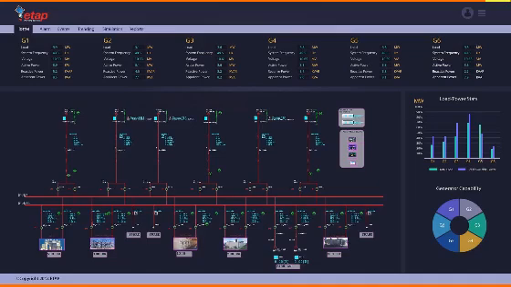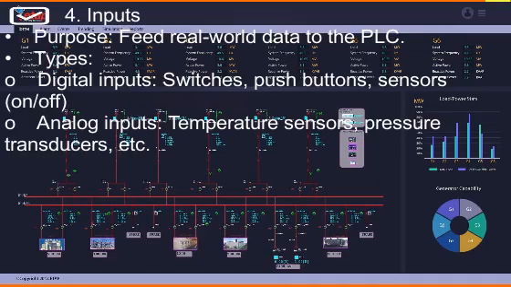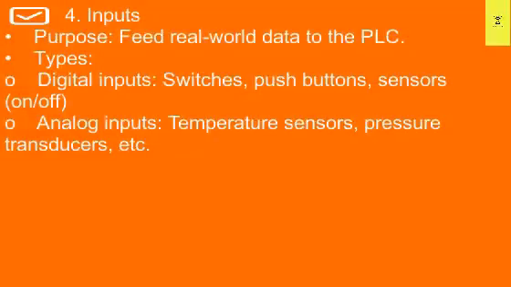Element 4, the inputs. Inputs feed real-world data to the PLC.